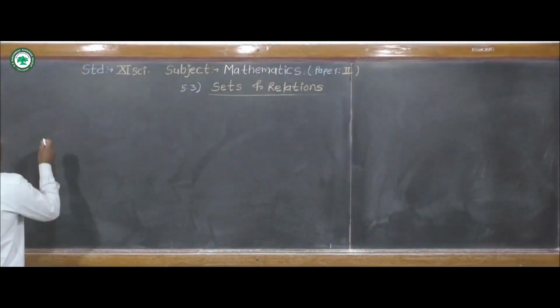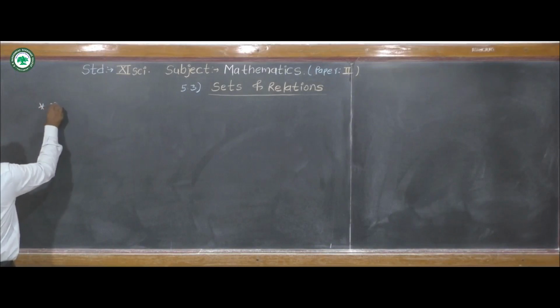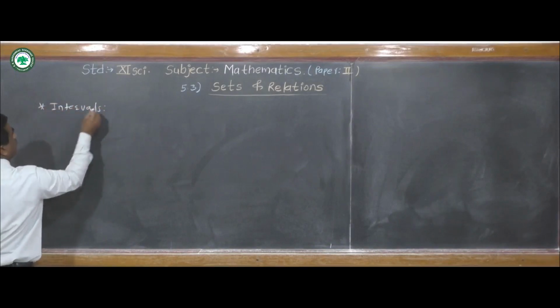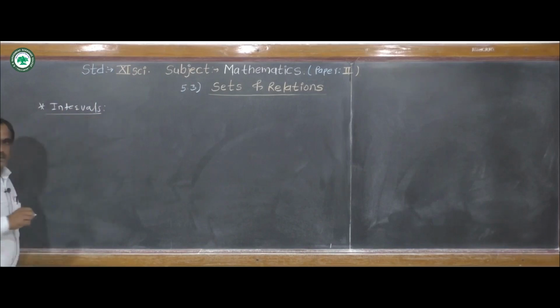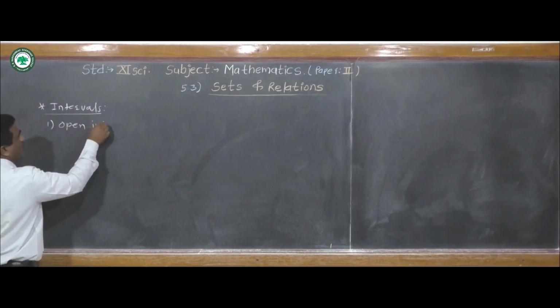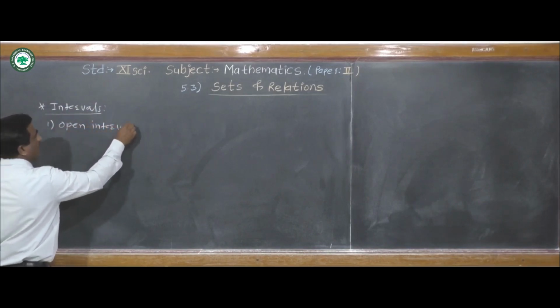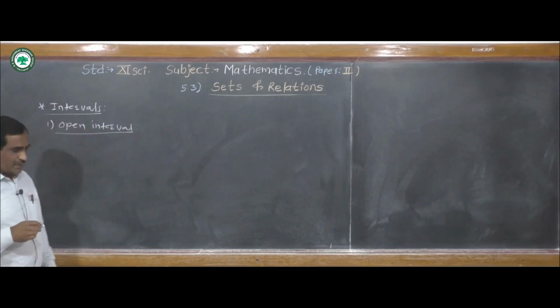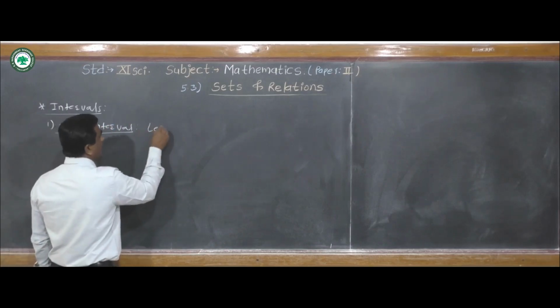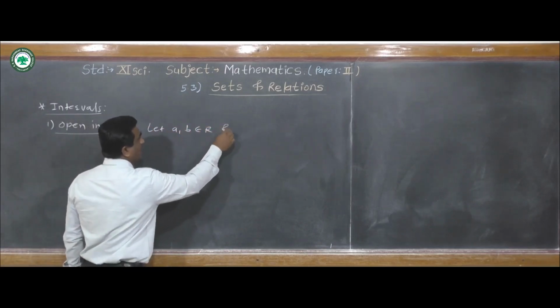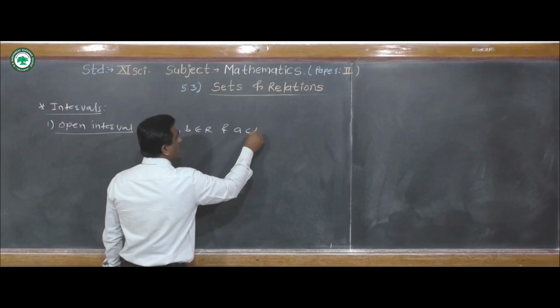Now next article is intervals. Now first is open interval. Now we consider any two real numbers. Let a, b belong to R and a is less than b.